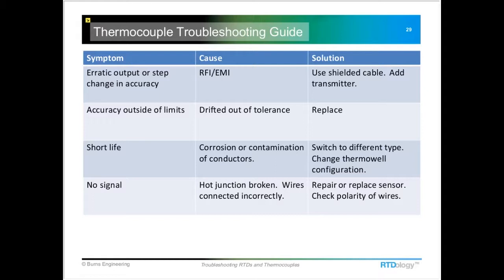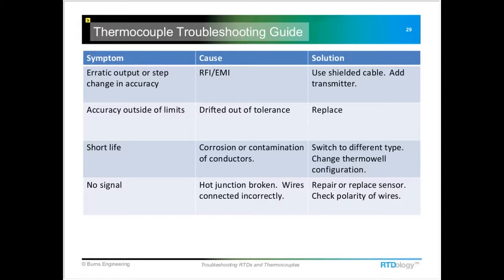Another real common failure mode there. If it's a direct immersion style sensor, you can switch over and use a thermal well to help protect it. The well might be metal, or it might be some sort of ceramic thermal well that may be required to further protect that thermocouple.